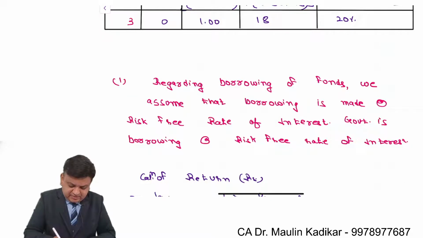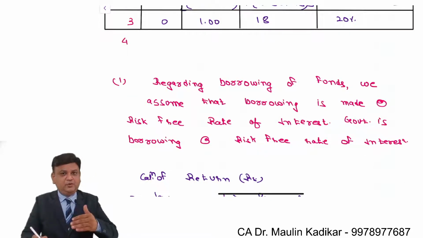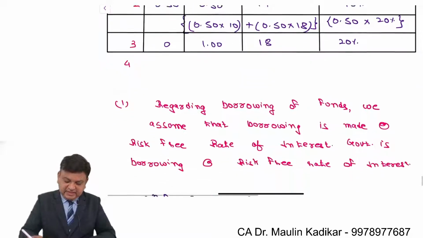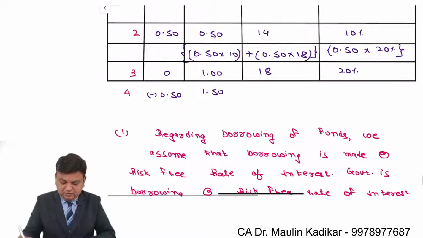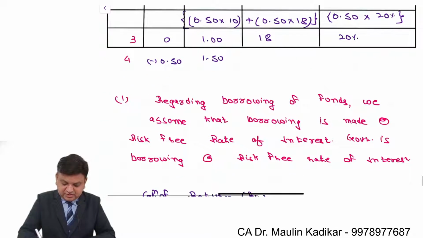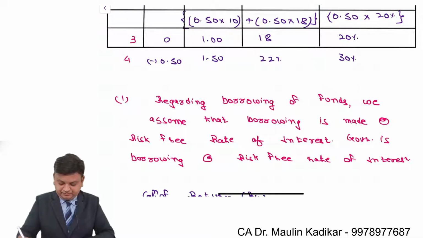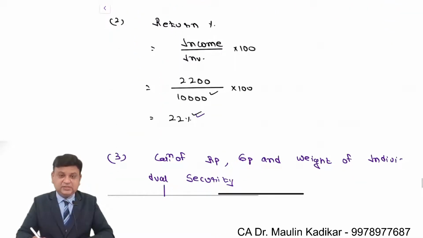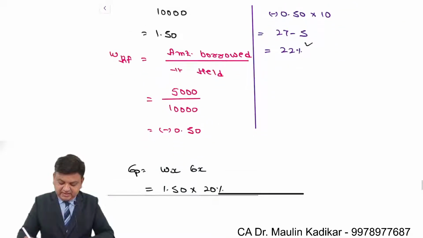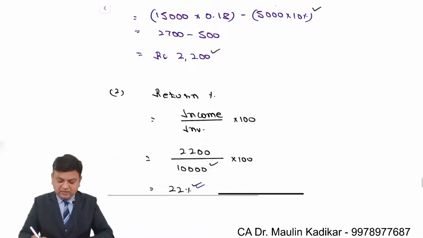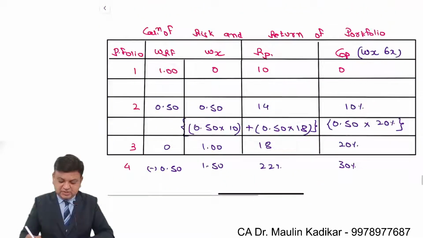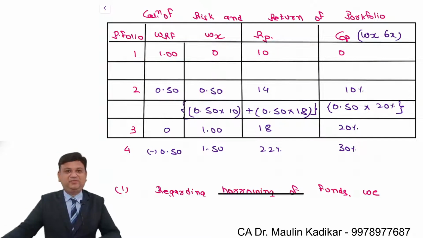So in this table, if I add portfolio number 4, the weight of RF is negative 0.5, weight of X is 1.50, return is 22%, and standard deviation is 30%. This is the return, and this is the risk, 30%. So if you borrow and invest, the risk of your portfolio increases. That is what we understand.